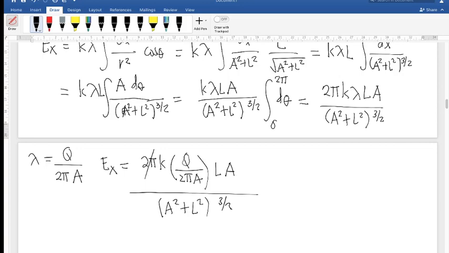We cancel 2 pi a and a, so what's left is kqL over a squared plus L squared raised to 3 halves. So that is your Ex.